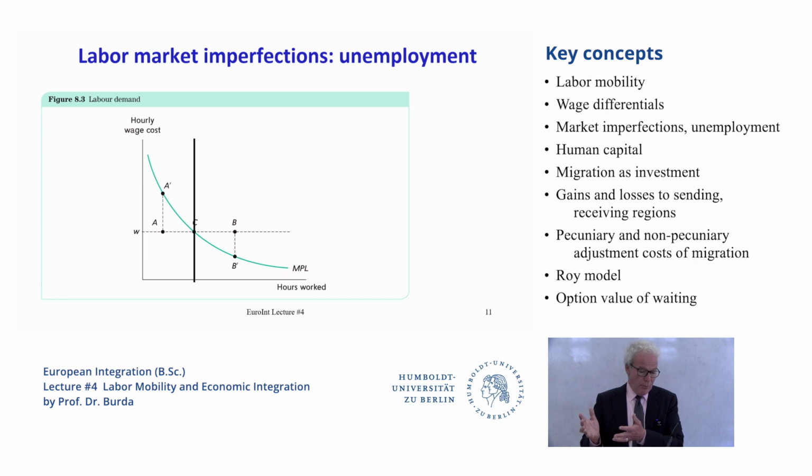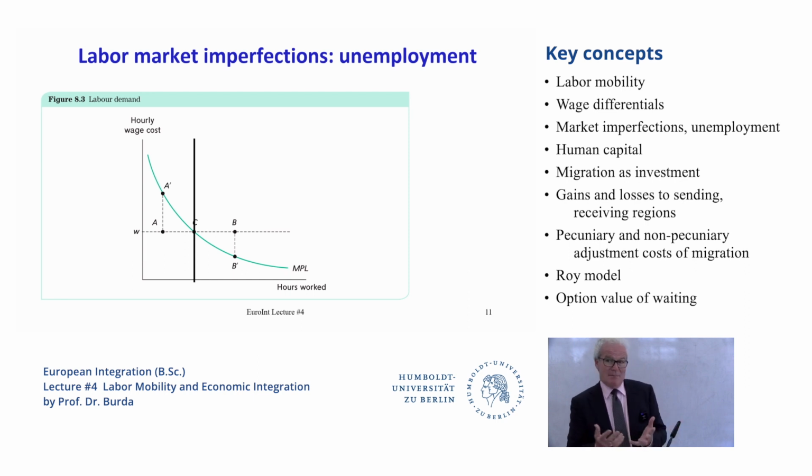Okay, so point C would be a market clearing situation, point A would lead to unemployment, and point B would actually be overemployment, excess demand for labor, can't find any workers. Sounds like Germany now, right? All the employers complaining because, can't find any workers, Arbeitskräftemangel, all that kind of stuff.